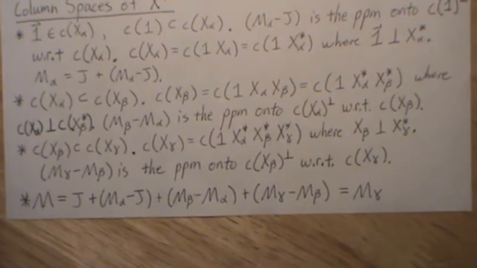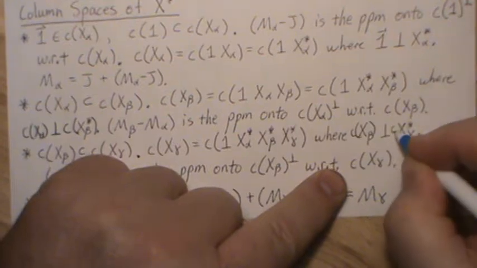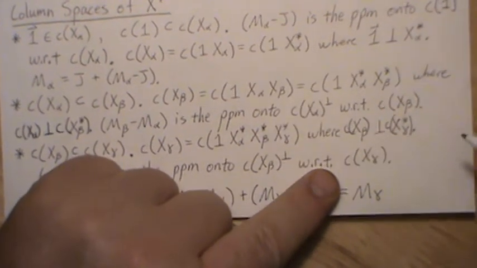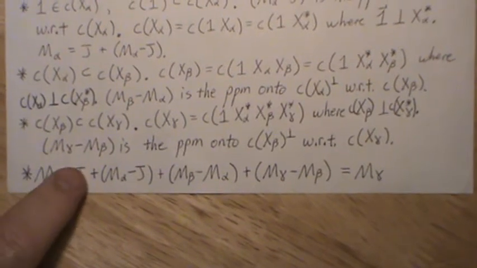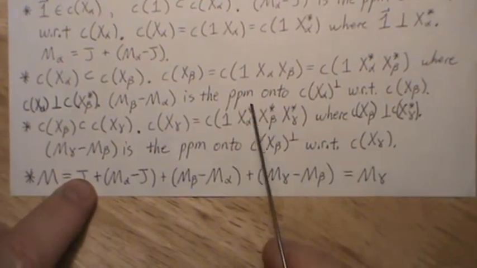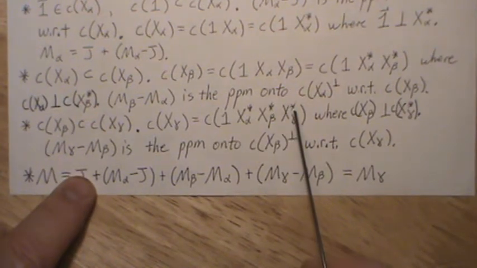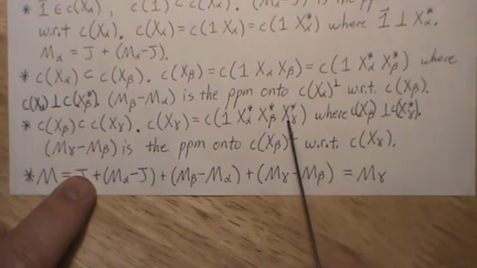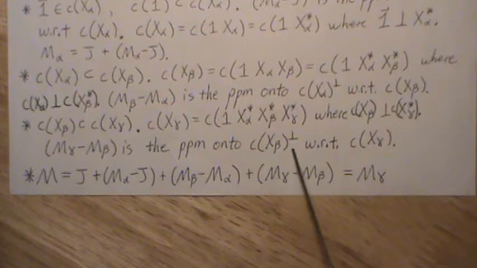Oh, and this should really be the column spaces are orthogonal. Then you just create a perpendicular projection matrix. Since this is a subset of X gamma star, then you take the perpendicular projection matrix onto this minus that, and that's the perpendicular projection matrix onto these column spaces.